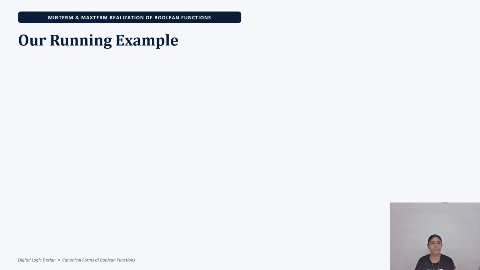Based on the 3 steps, we will see one example. Okay, so this is a problem. We will use a 3 variable function throughout the rest of this lecture. So I am going to use 3 variables: variable A, variable B and variable C. Again, I want to remind you, that is 2 power 3.